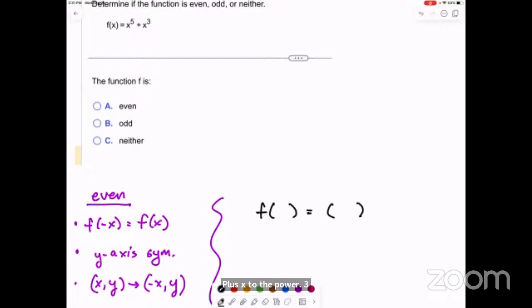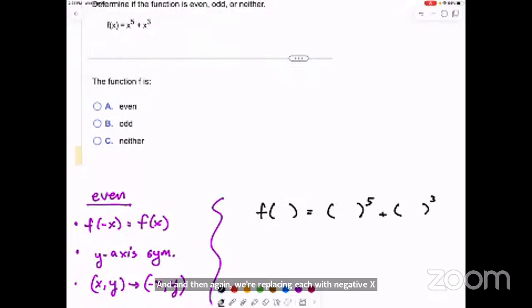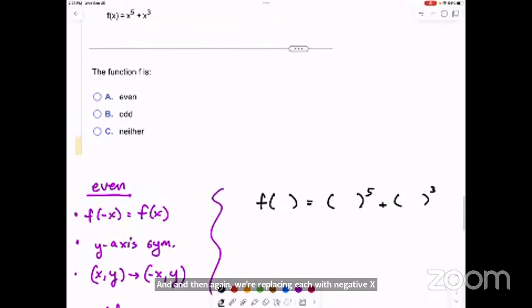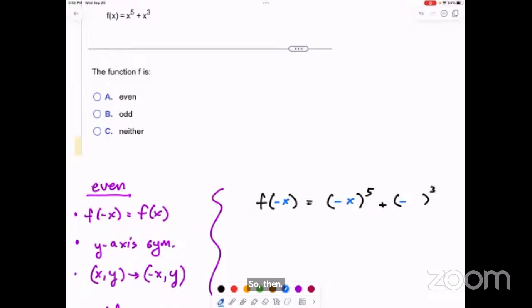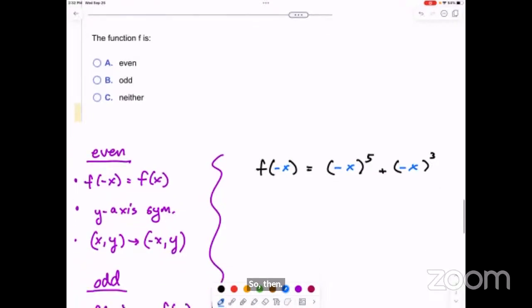And then again, we're replacing each x with negative x in this case. With each of these terms, we have a negative number raised to an odd power. So then it's going to be negative x to the 5th minus x to the 3rd.